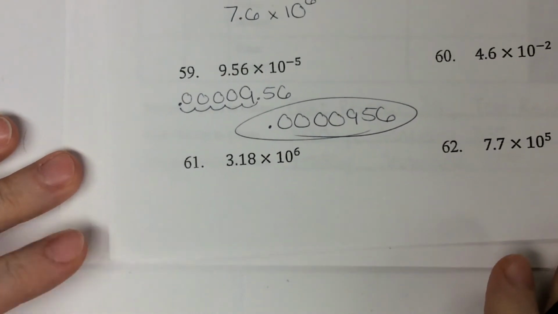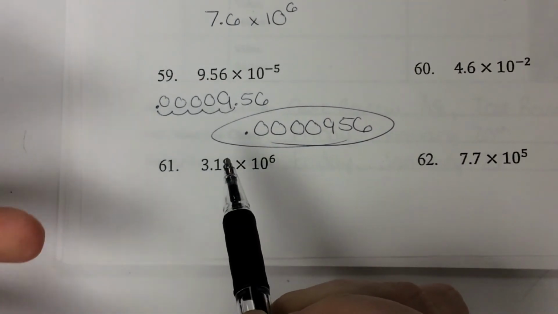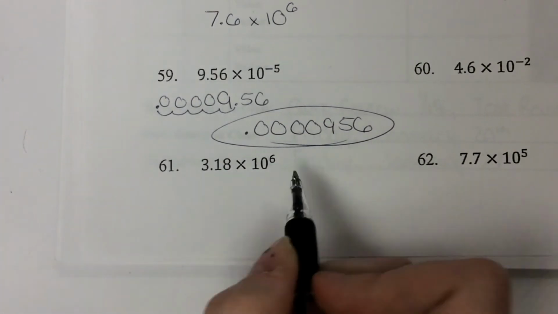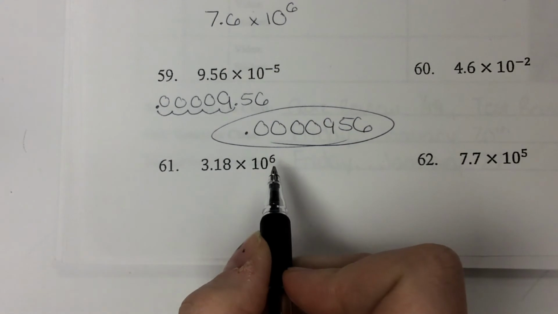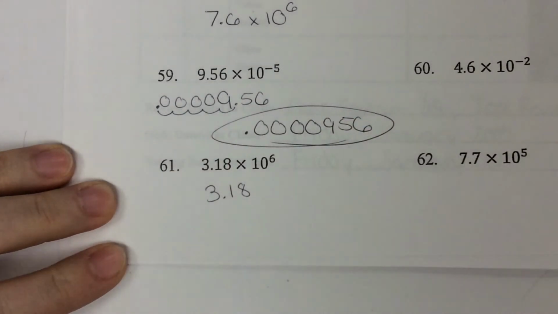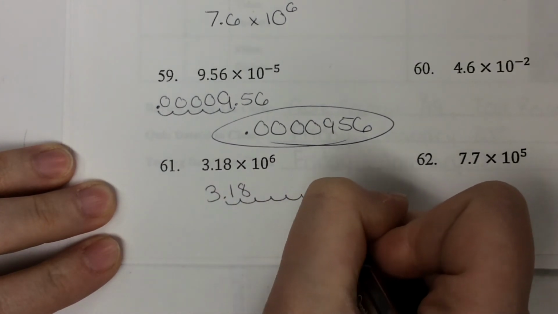All right, next one, number 61. We're once again going from scientific notation into standard form. So note the exponent, it is positive, so that means I'm going to the right this time. 3.18, move it 6 times. 1, 2, 3, 4, 5, 6.